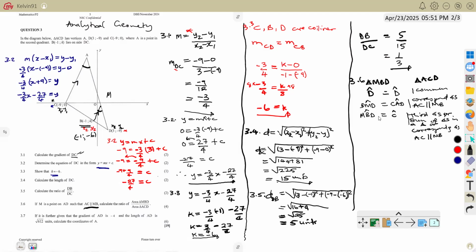Since we have proven that these three angles are equal, we can conclude that triangle MBD is similar to triangle ACD, because the three angles are equal.